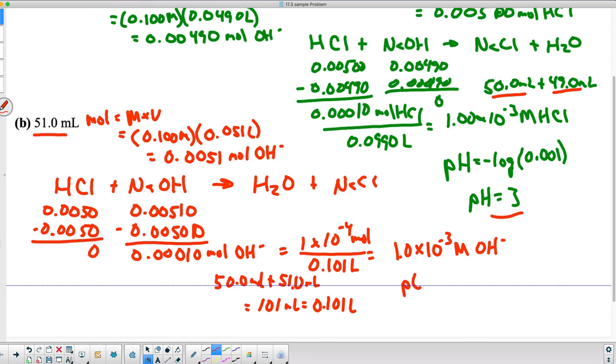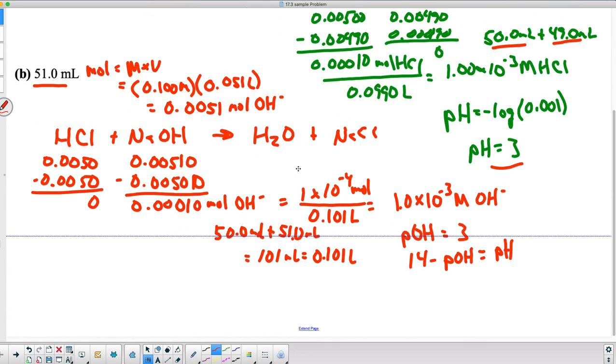That means that my pOH is equal to 3, and to find pH, I simply take 14 minus the pOH, which gives me the pH. Which means 14 minus 3 equals a pH of 11.